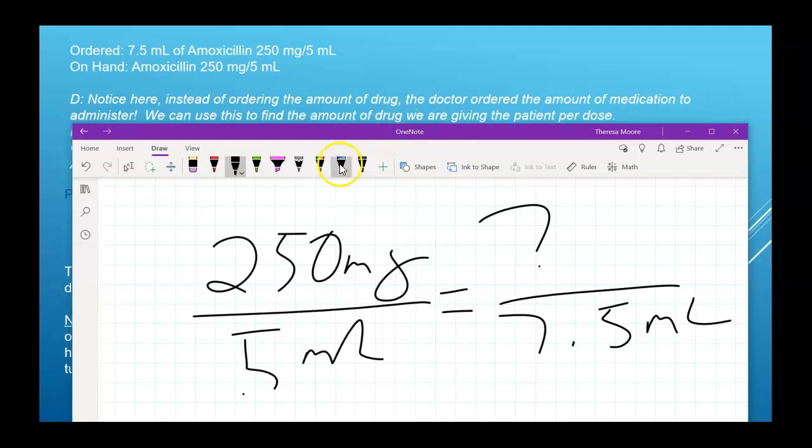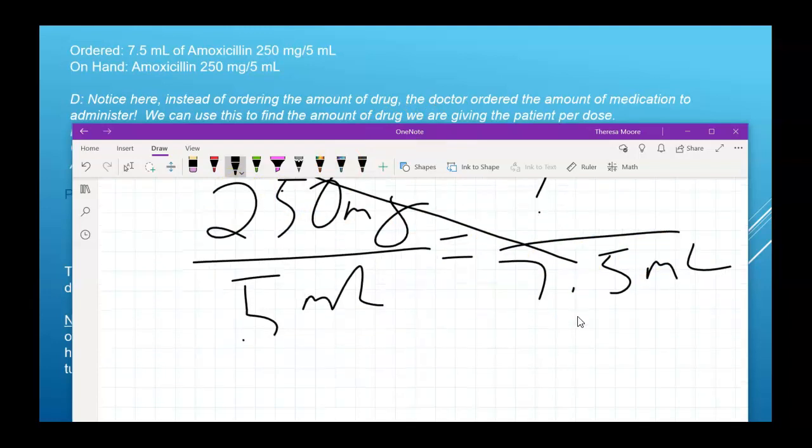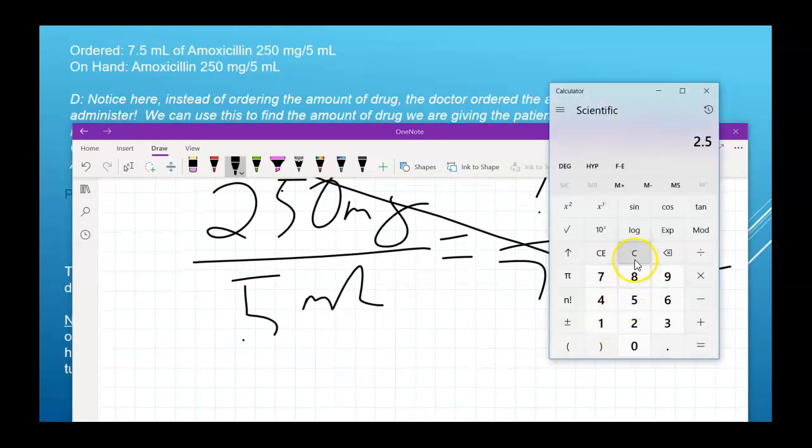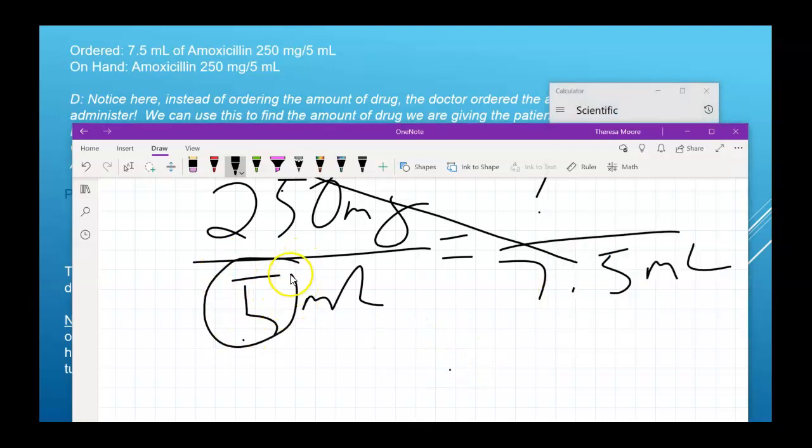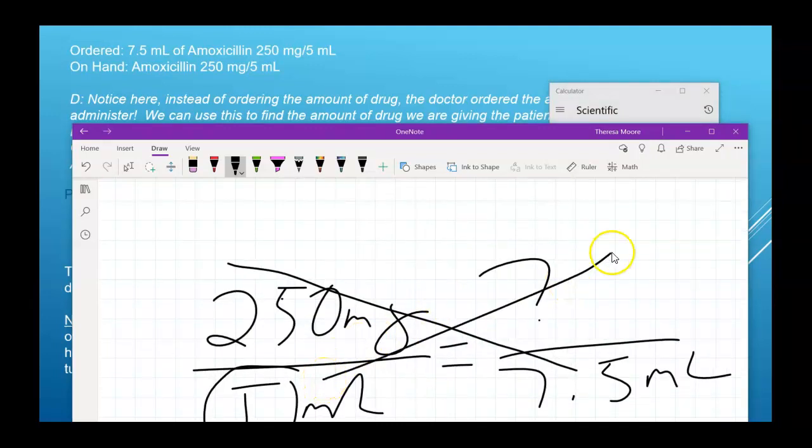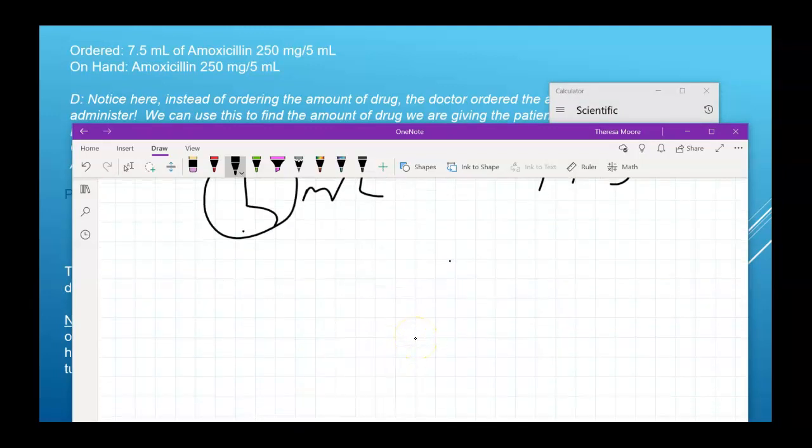So again, cross multiply the two numbers, 250 times 7.5. And then you're going to divide by the only number left, because when you cross multiply here, you're going to have 5x. And what was that other number? 1875.